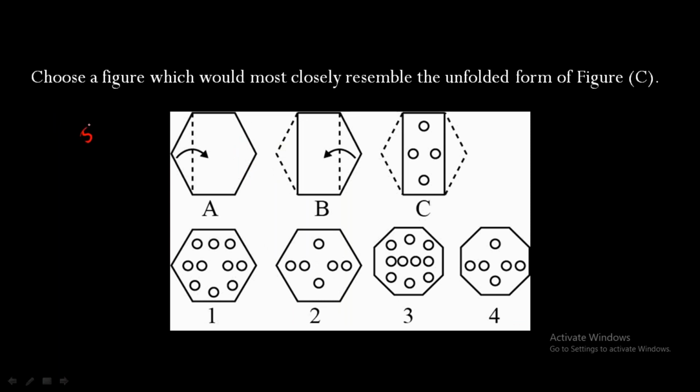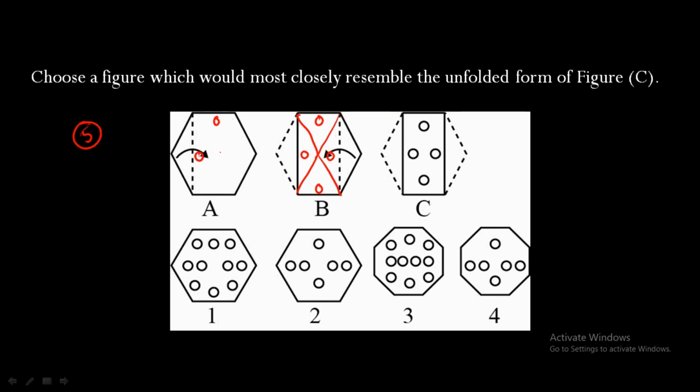Whereas here, very important: a lot of people will make a mistake in this question. So this one, this one, this one, this one. But when you fold this line, actually it will come only up to this part. This is actually the scenario. When you unfold, what will happen?